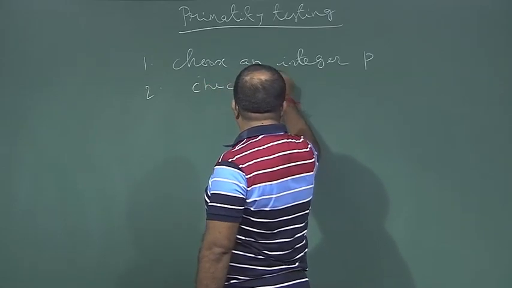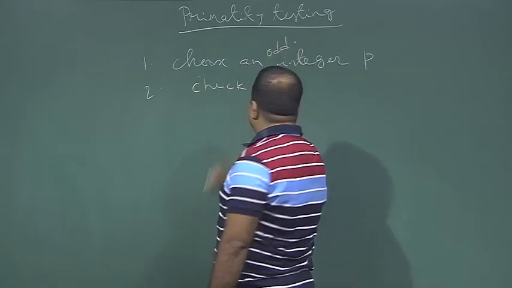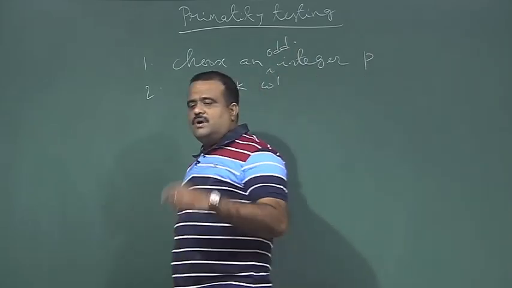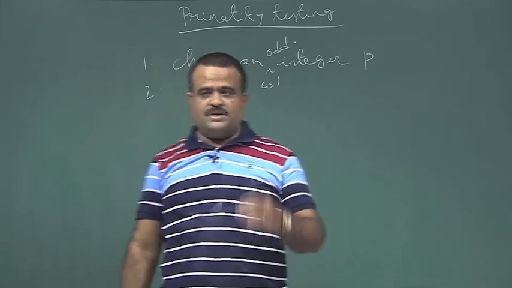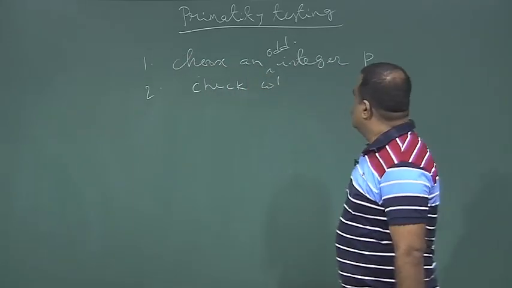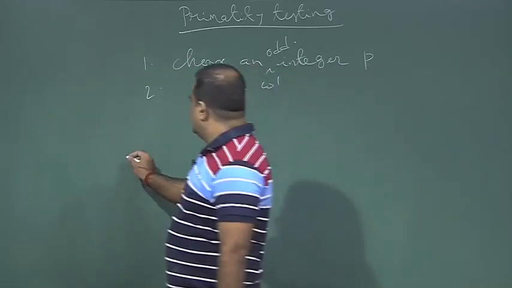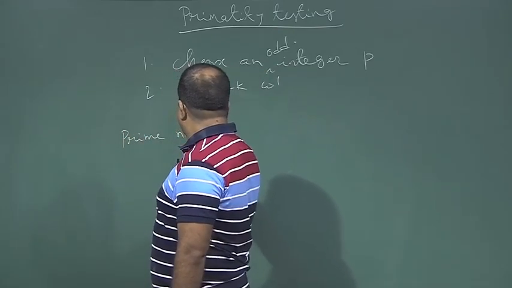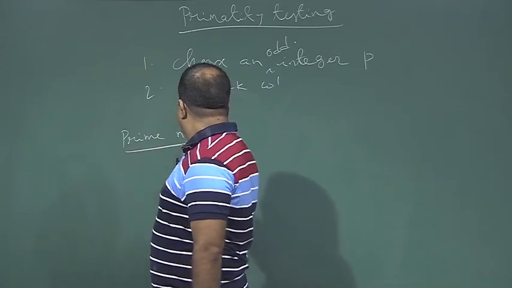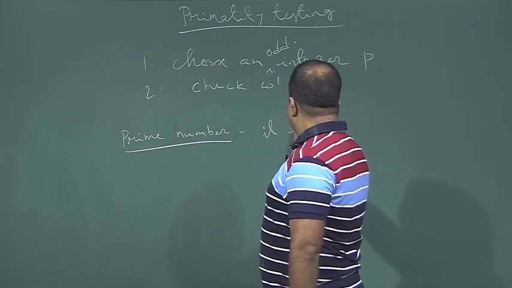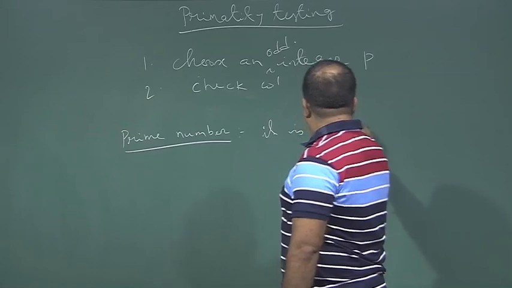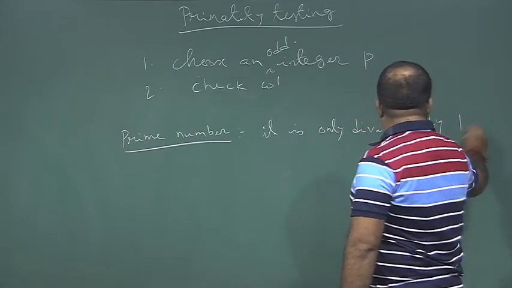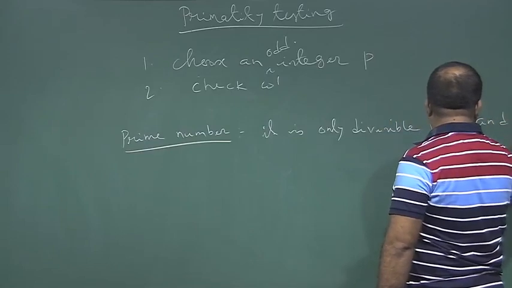Check whether this is an odd integer, because 2 is usually taken as a prime, which is an even number, but any other even number cannot be prime because it has a factor 2. The definition of a prime number is that it is only divisible by 1 and p.